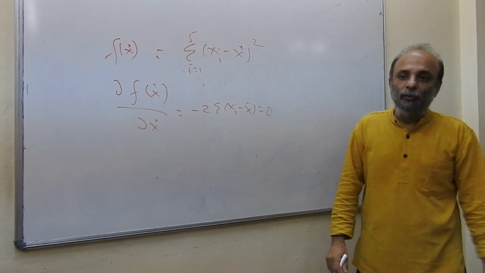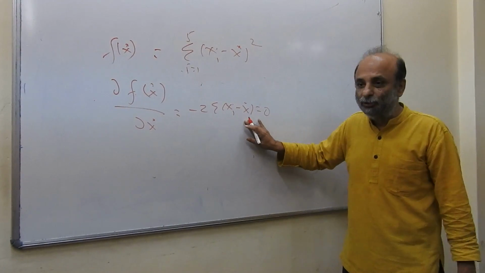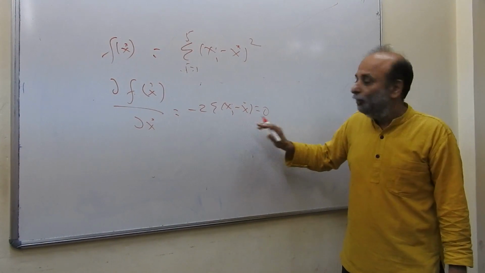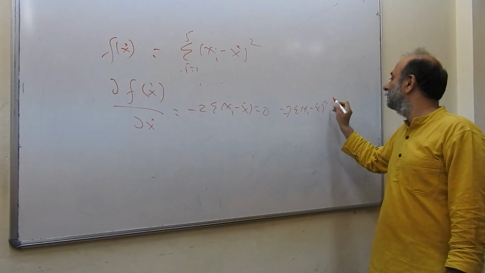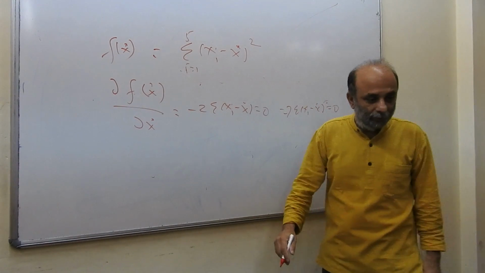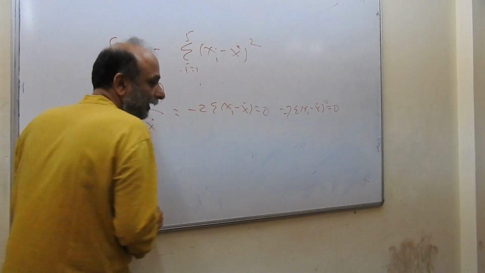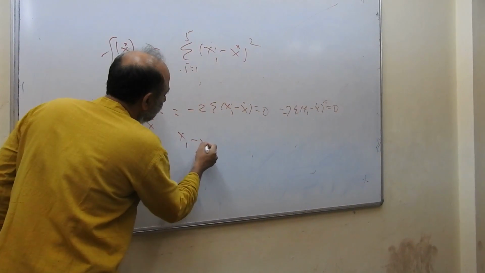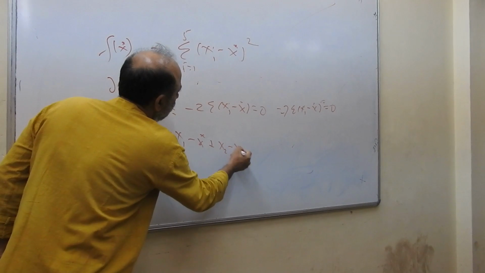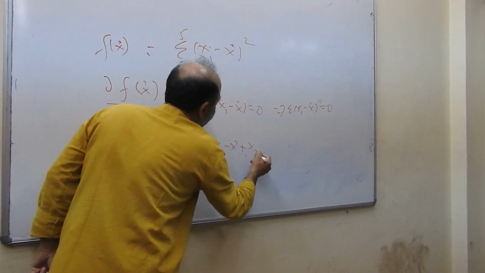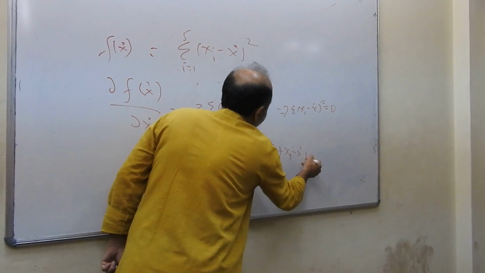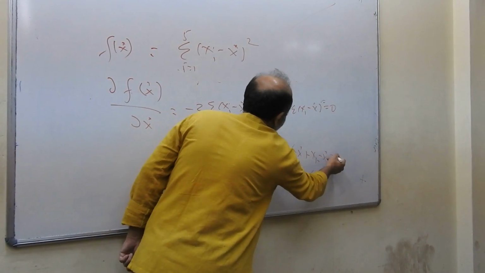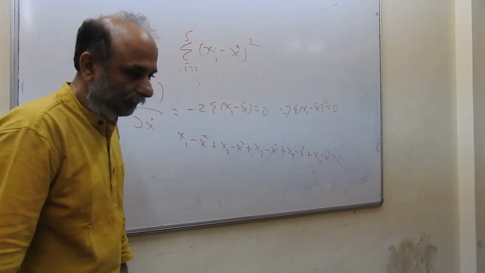Can minus 2 be 0? No. So this has to be 0, which implies summation xi minus x star is equal to 0. So what do I have here? If I write this, it is x1 minus x star plus x2 minus x star plus x3 minus x star plus x4 minus x star plus x5 minus x star, which is equal to 0.